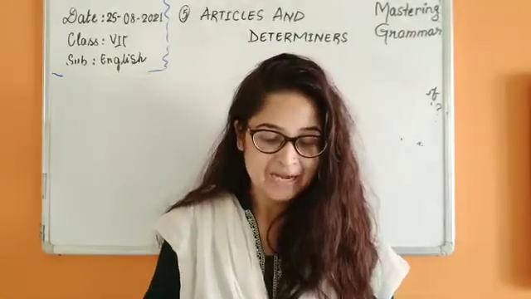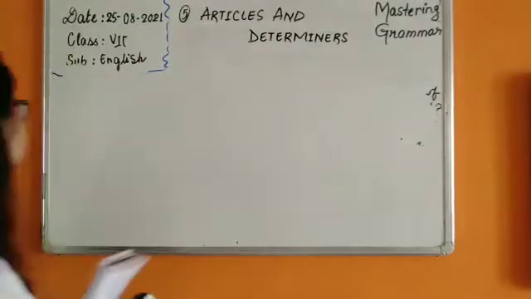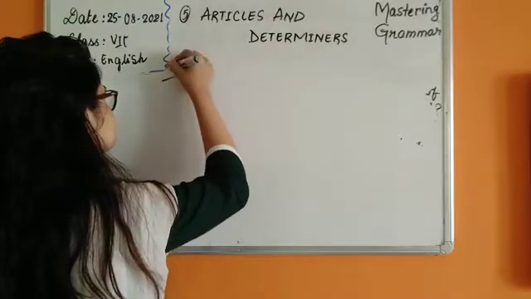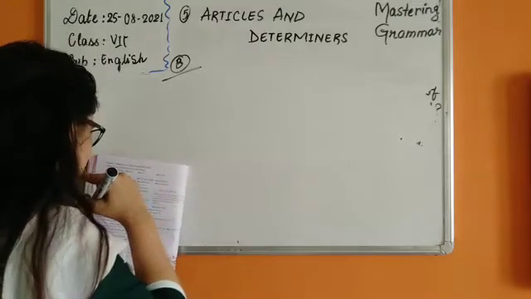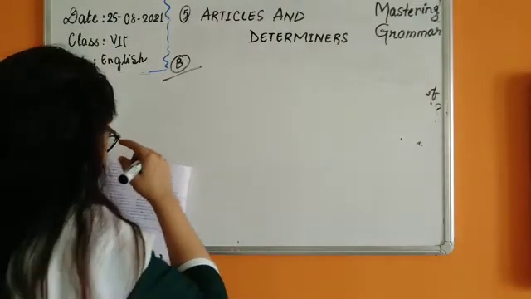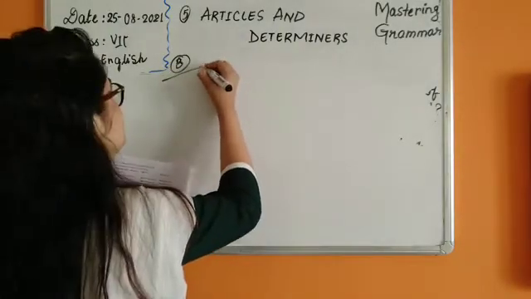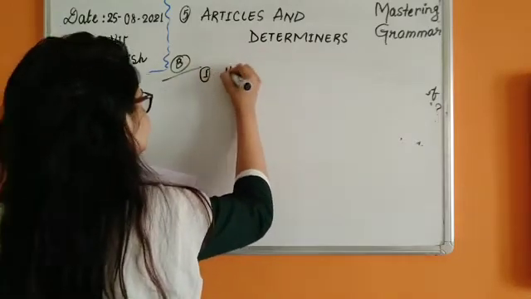You see? Now moving to exercise B. She visited dash Safdarganj tomb last year. So she visited, you see, because I am talking about the particular tomb, I will be using the.